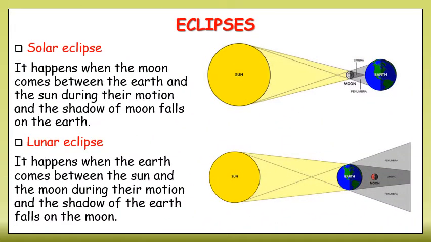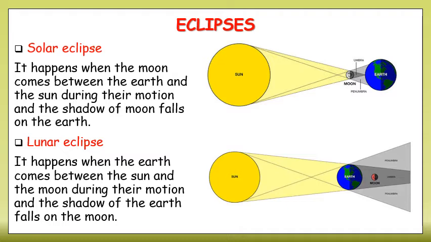Now next is eclipses. Students, shadow formation takes place in nature also. The earth and moon also cast their shadows when sunlight falls on them. So you can say that shadow plays an important role in the occurrence of eclipses.